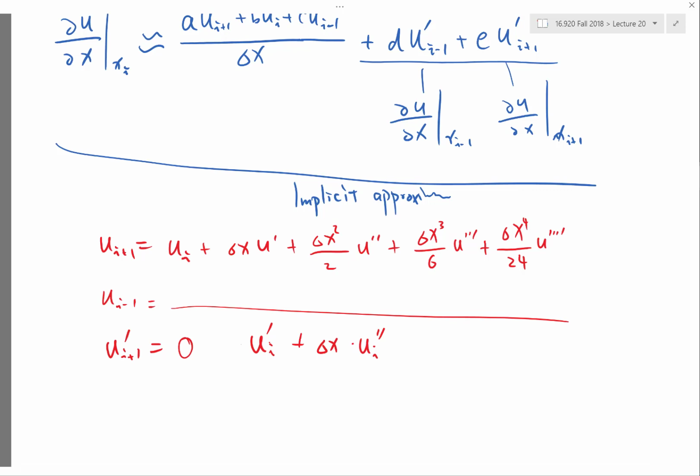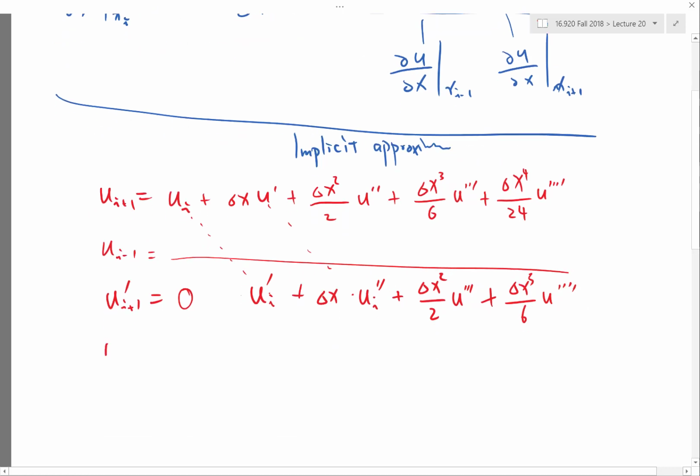It results in every term getting shifted towards your right by one term. So this is like here, and the next term is half of delta x squared times the third order derivative. And then I have delta x cubed times the fourth order derivative.